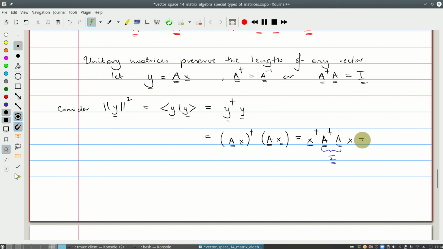Therefore, this is equal to x dagger x, which is the inner product of x with itself, and that's equal to the norm of x squared. And once again, because the norms are greater than or equal to 0, the length of y is equal to the length of x, i.e. lengths are preserved.